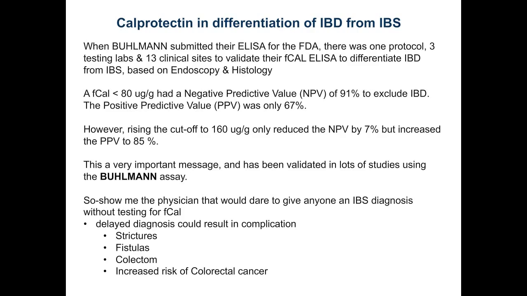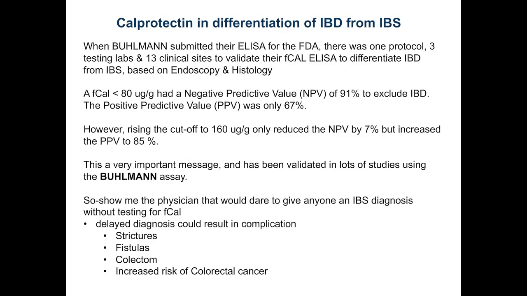In that study, they found that an fCal value below 80 had a negative predictive value of 91% to exclude IBD, but the positive predictive value was only about 67%. However, raising the cutoff to 160 only reduced the negative predictive value by 7%, but increased the positive predictive value to 85%, which is very important to keep the amount of false positives as low as possible.